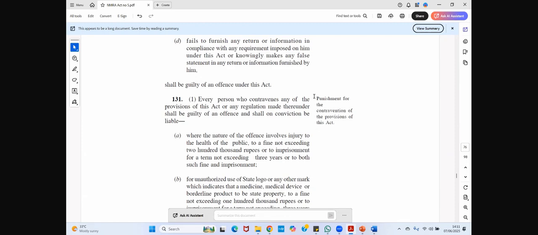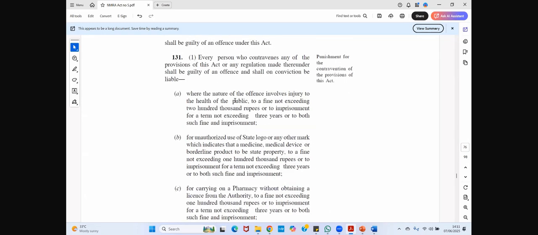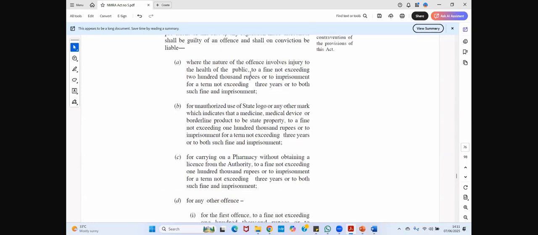And punishment, right? Offenses under this act: every person who contravenes any of the provisions of this act or any regulation made thereunder shall be guilty of an offense and shall, on conviction, be liable, where the nature of the offense involves injury to the health of the public, to a fine not exceeding 200,000 rupees, which is 2 lakhs, or imprisonment for a term not exceeding 3 years, or both, right?